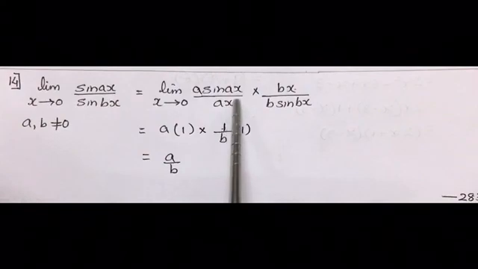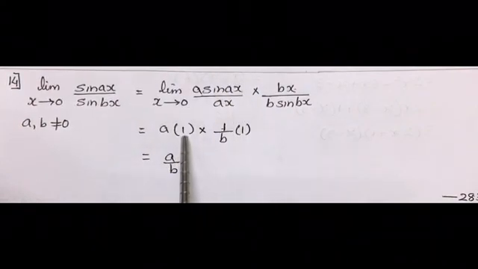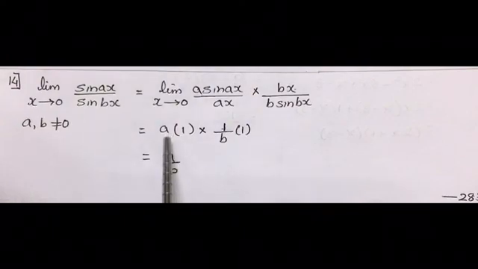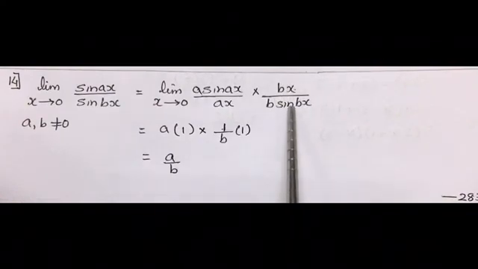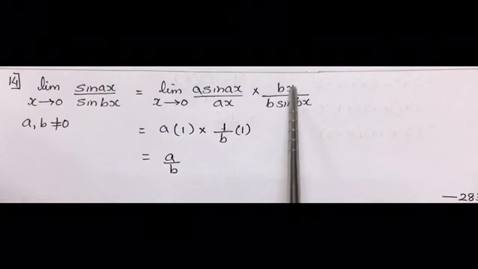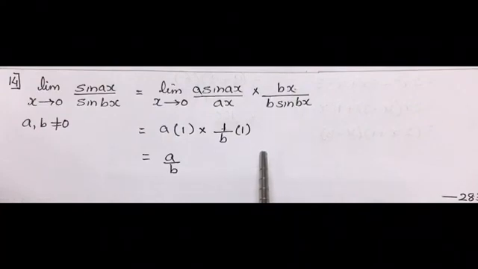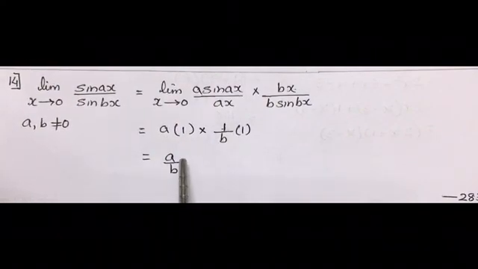Sin ax upon ax value is 1 when x tends to 0, so that is written as 1. a is remaining as it is. bx upon sin bx value is 1. So 1 upon b into 1 remains as it is. So a into 1 upon b, the final answer is a by b.